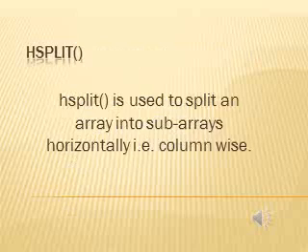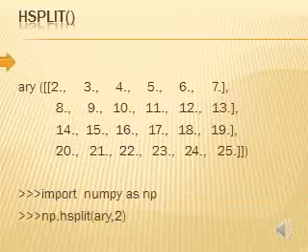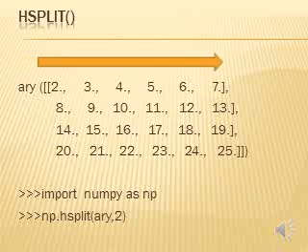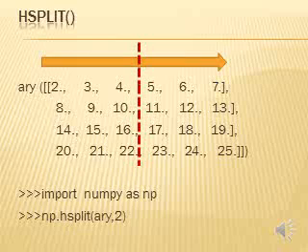Now the hsplit function. The hsplit function is used to split an array into sub-arrays horizontally, that is column-wise. Now this is an example of an array named ARY, as you can see on the slide.